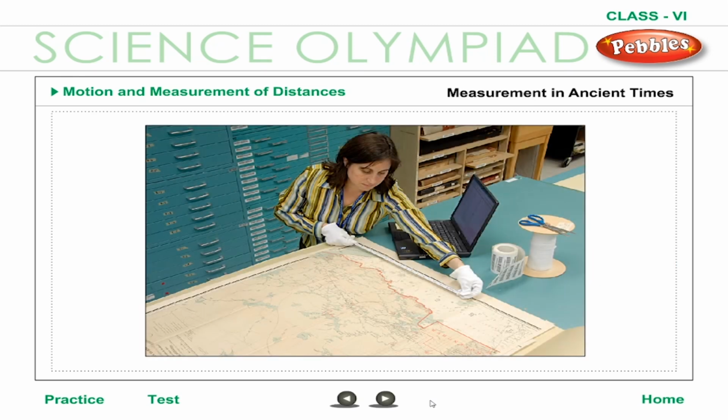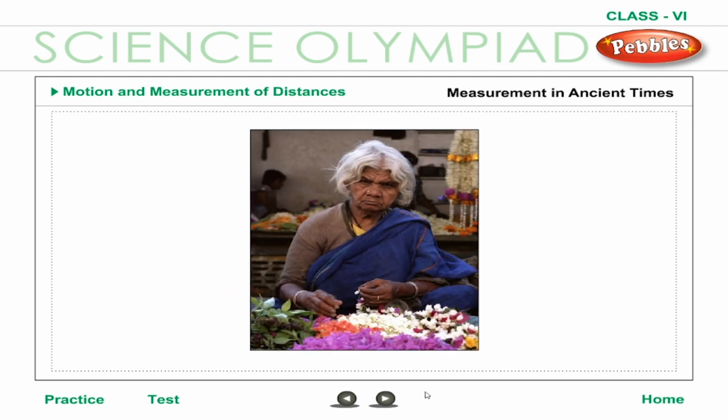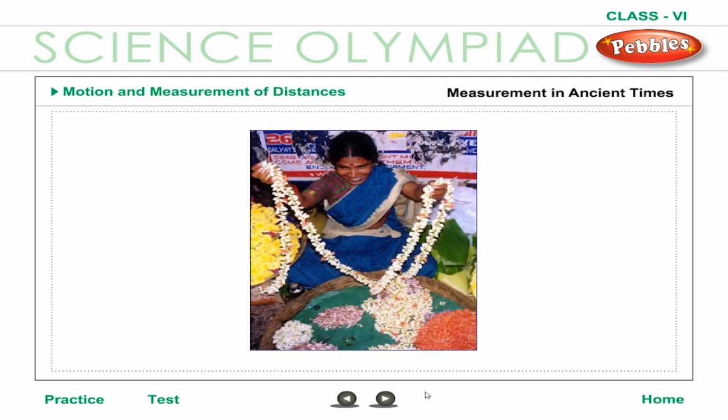Measurement in ancient times. The principal unit of measurement in ancient Egypt was the royal cubit, a length we know to have been 52.4 centimeters, approximating the length of a man's forearm. Even today, we see flower sellers using their forearm to measure flower garlands.